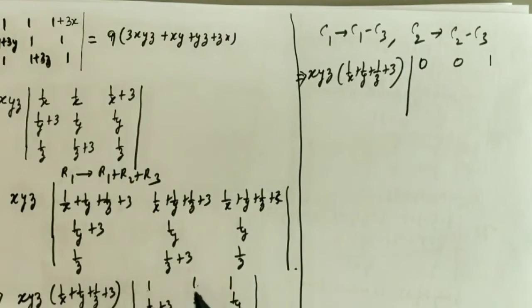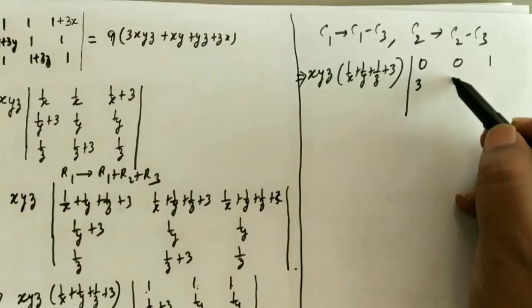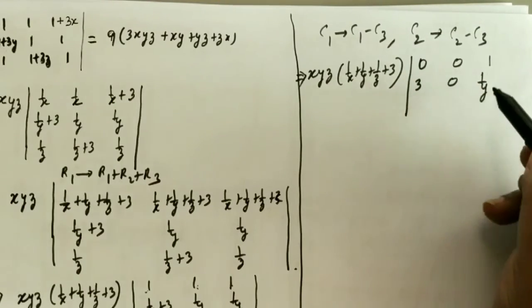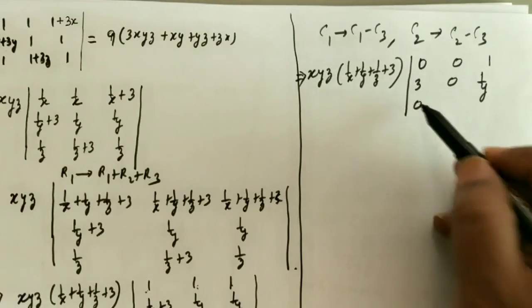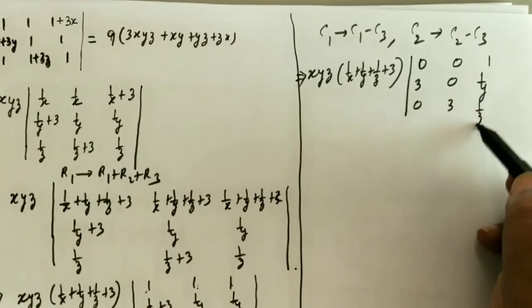This is 1 minus 1, 1 minus 1, and here 1 minus 1. Here I get 3, here 0, this will remain the same. Here I get 0, here I get 3, here will remain same.